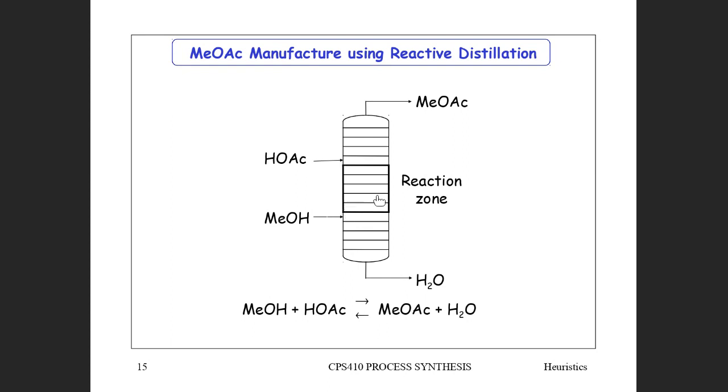You wouldn't have trays if you had a reaction zone, unless, of course, the reaction is a homogeneous reaction where the catalyst, for instance, is in the liquid phase, or if it is an uncatalyzed reaction. But that occurs very seldom. Most reactors will be catalyzed reactors. Right, that was heuristic number 8.